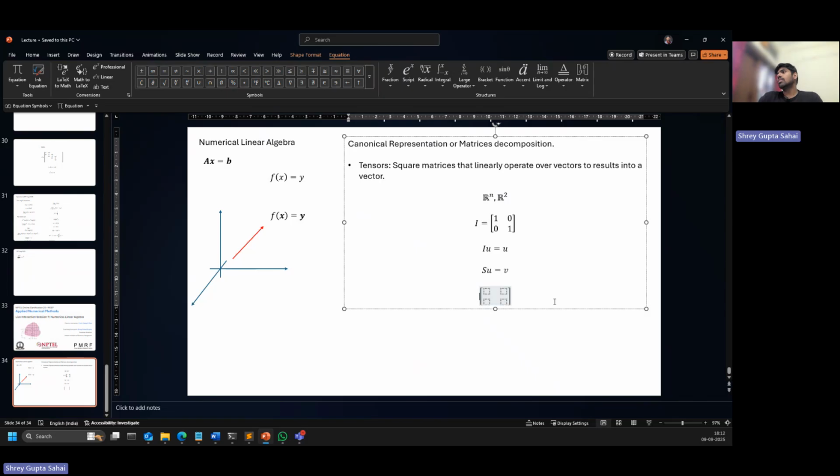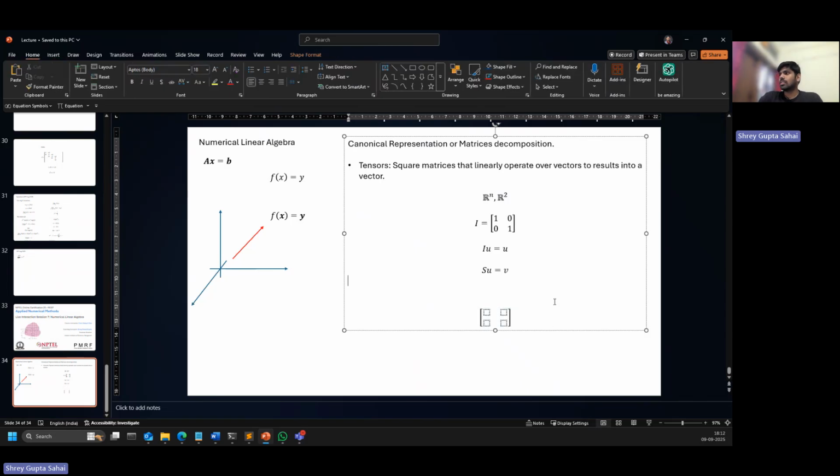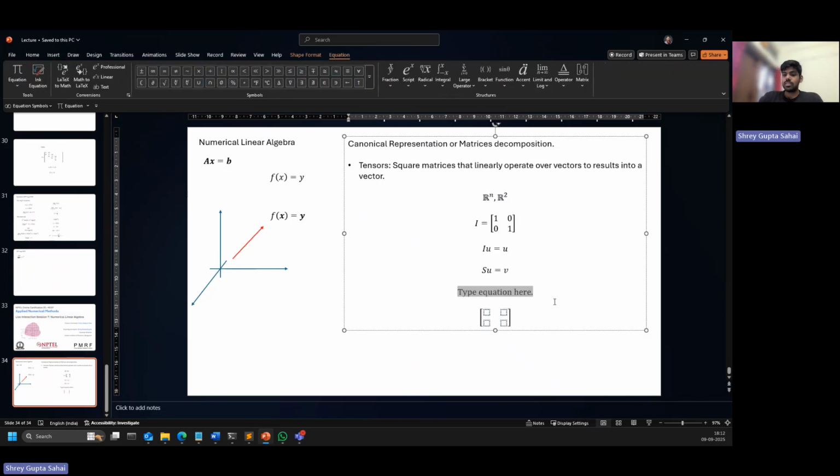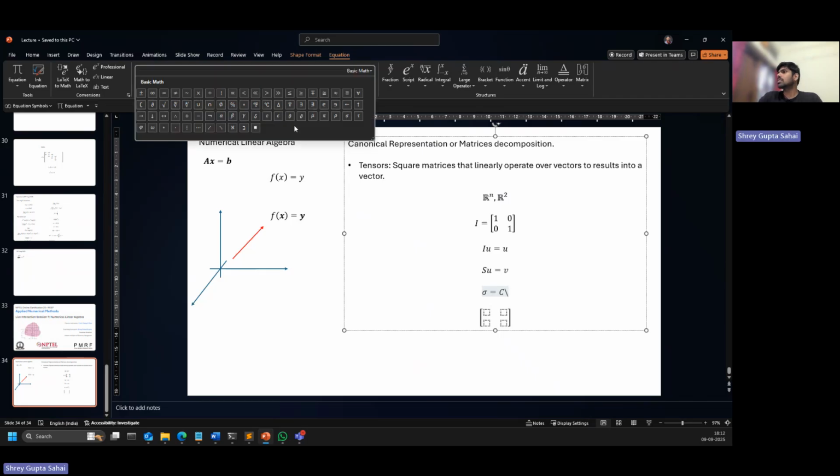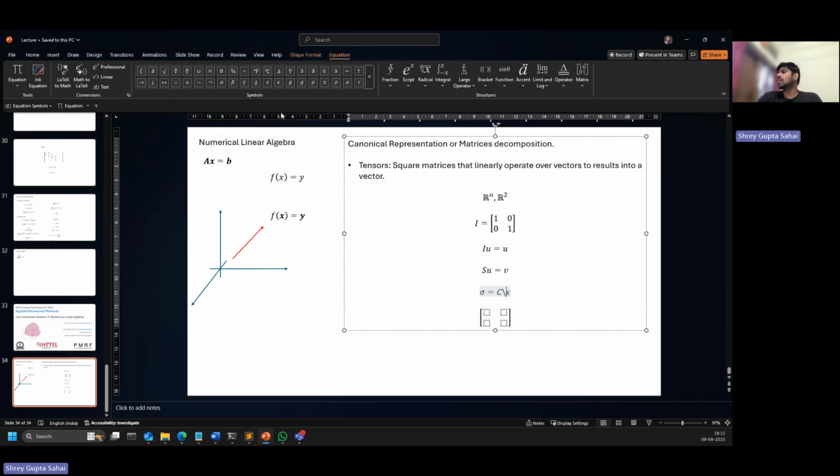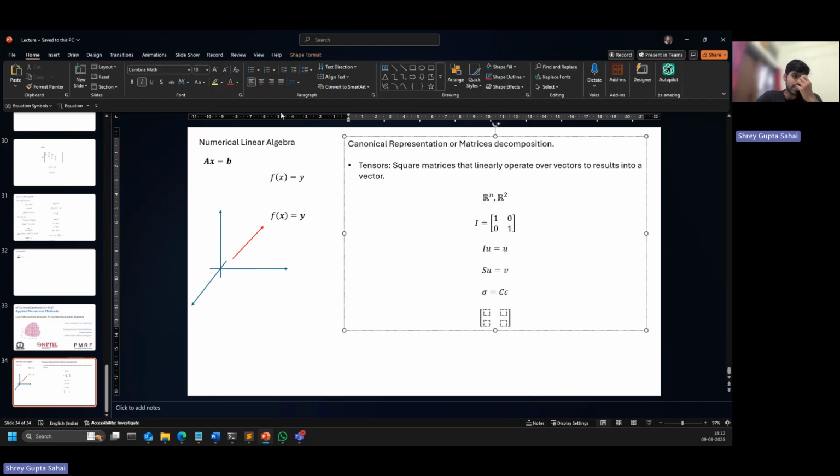One very famous tensor relation is sigma equals C epsilon, where we know that stress and strain are two quantities. Stress is a tensor, strain is a tensor.